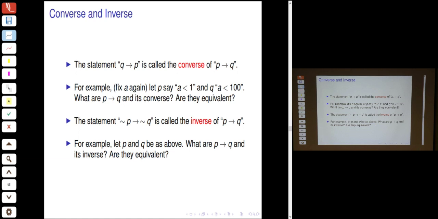P arrow Q says if A is less than 1, then A is less than 100. Now what is the inverse? It says if A is not less than 1, then A is not less than 100. Right? But this is not true because 99 is not less than 1, but 99 is less than 100. So therefore, the inverse and the original statement are not equivalent. Okay.